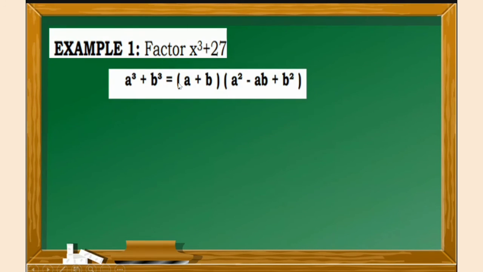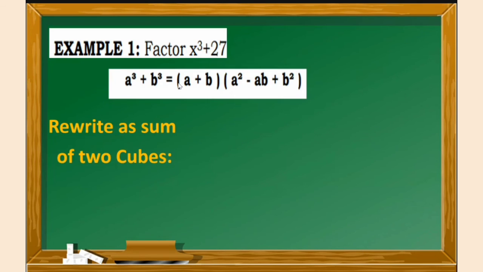Okay? Now, paano po ba mag-factor, ma'am, ng ganyan? So first, tulad nung ginawa natin kanina, rewrite. I-rewrite muna natin yung perfect cube nila. Okay, rewrite as the sum of two cubes. Okay, so x cube. The perfect cube of x cube is x raised to 3, because x times x squared times x cube.